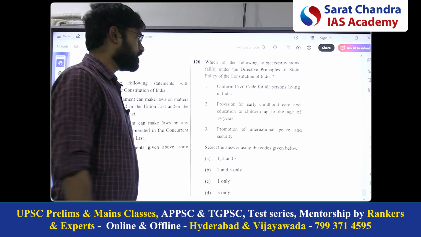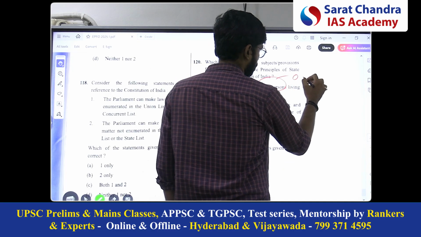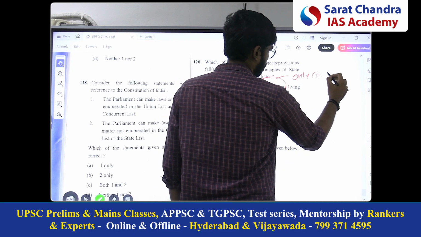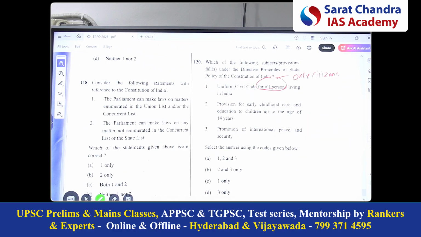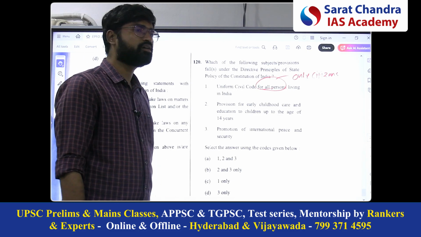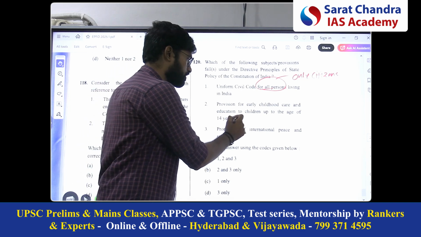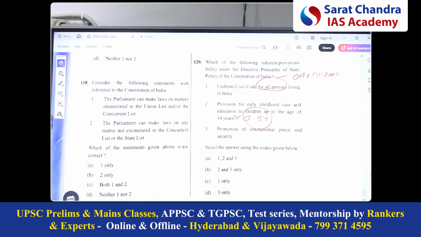Now, see, Uniform Civil Code is not for all the persons, only for citizens. Then provision for early childhood care and education to children up to the age of 14? No. It is 0 to 6 years, Article 45.